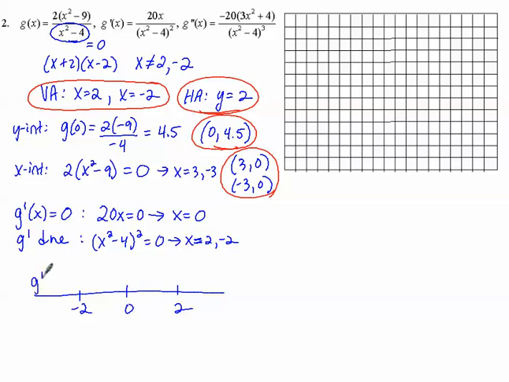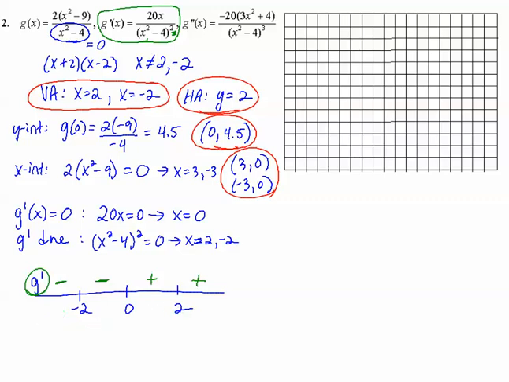Let's test g prime and see what's going on. Looking into g prime, something to the left of negative 2, such as negative 10, plugging it into g prime, and the denominator is always positive because of the squared, so the numerator determines the sign. So negative there, negative again, positive, positive again. So we know what our function will look like.